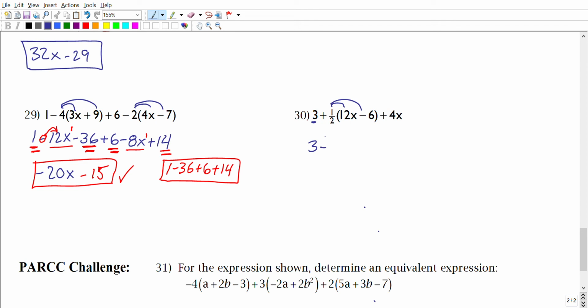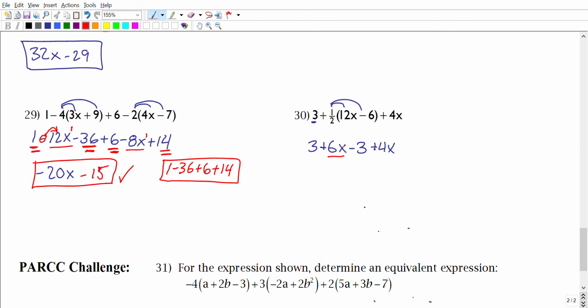So this is a positive 6x, and same thing with our -6. 1/2 times -6 just means what's 1/2 of -6. Or again, in different terms, what is -6 divided by 2? That is just a -3. And once again, our plus 4x I can rewrite because I have finished distributing.